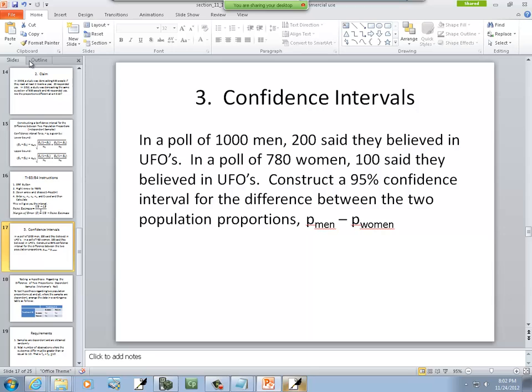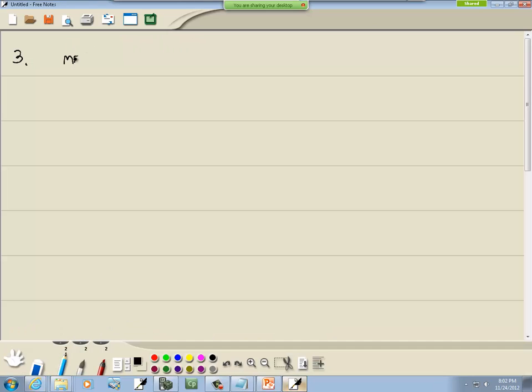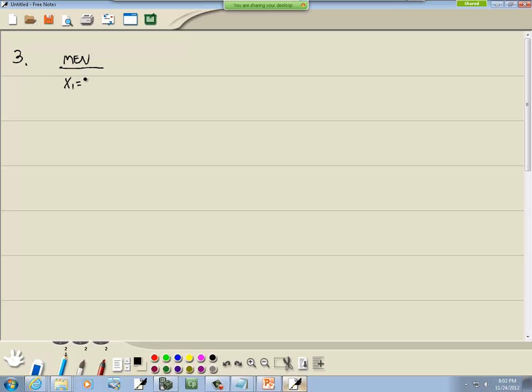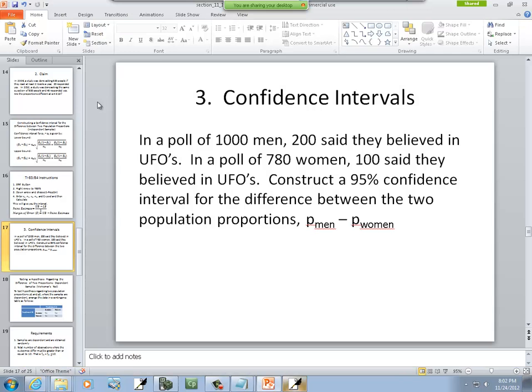Says, in a poll of 1,000 men, 200 said they believe in UFOs. In a poll of 780 women, 100 said they believe in UFOs. So for men, I got X1 is equal to 200, and N1 is equal to 1,000.